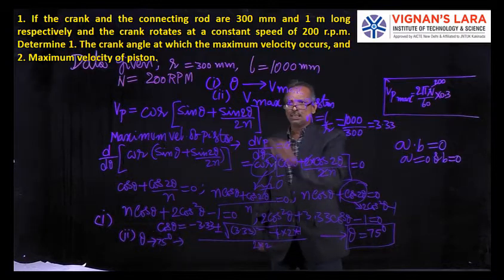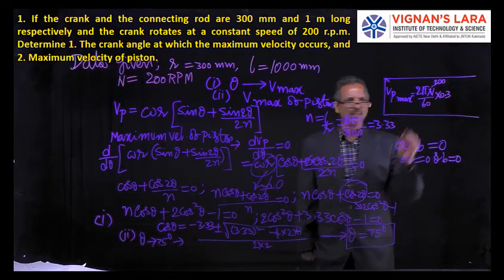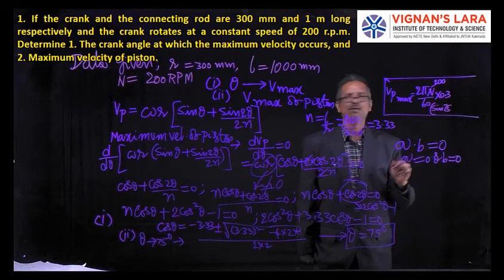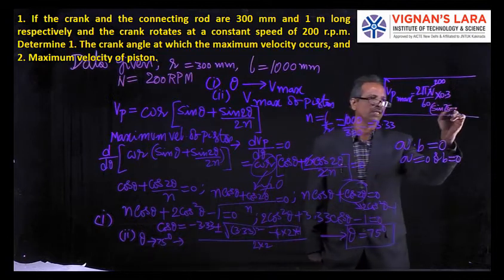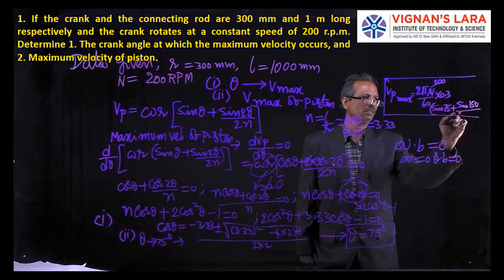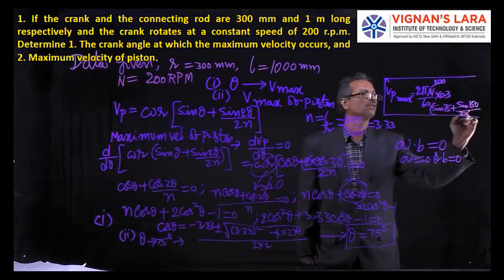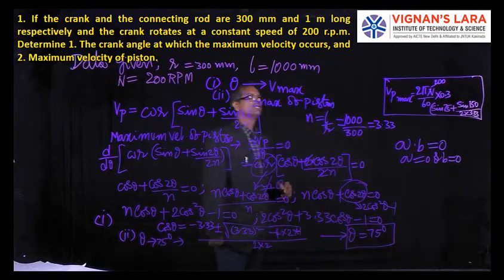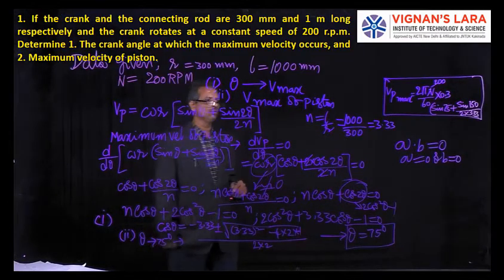Then sin theta, sin 75, plus sin 2 theta by 2n, sin 150 by 2 into n, 3.33. You substitute that value and calculate the maximum velocity.